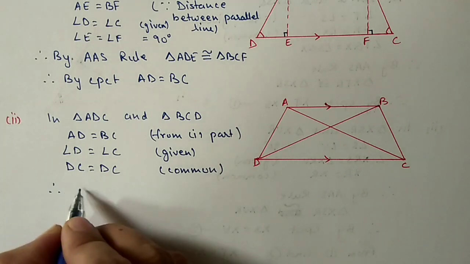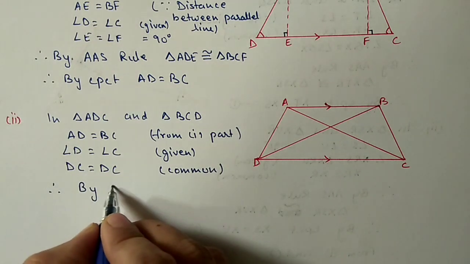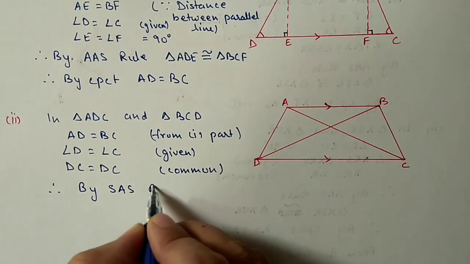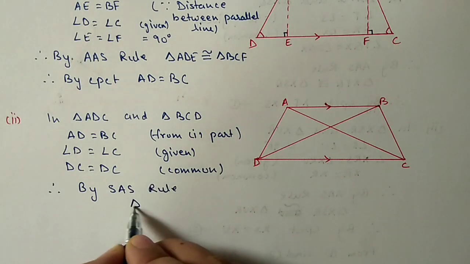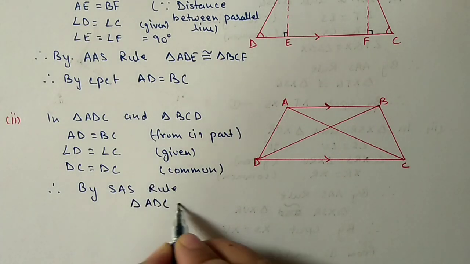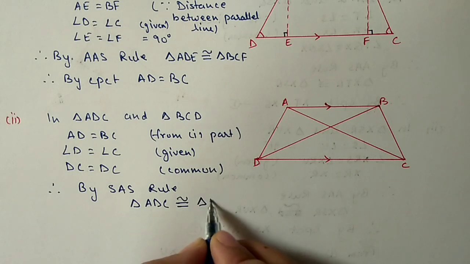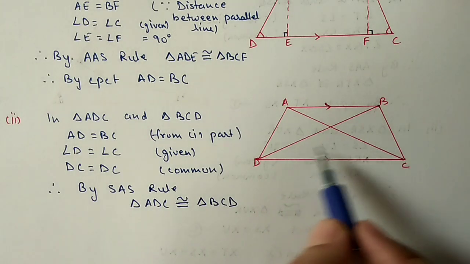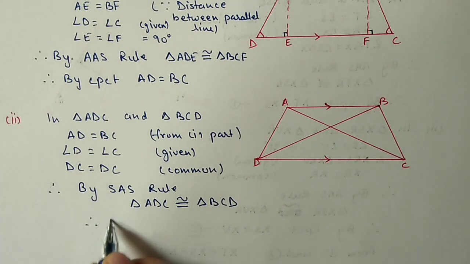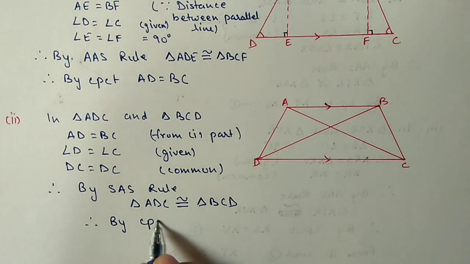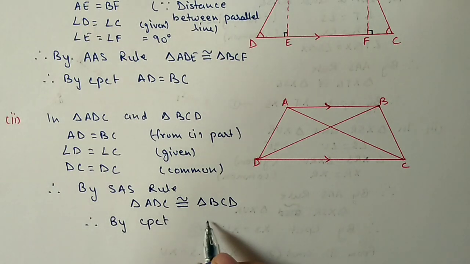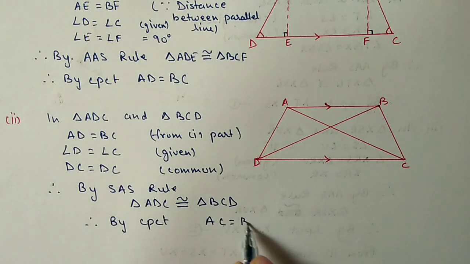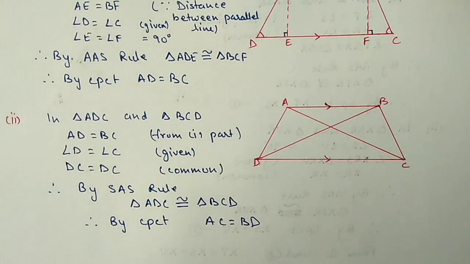So therefore by side angle side rule, triangle ADC is congruent to triangle BCD. Because these two triangles are congruent to each other, therefore by CPCT we can say AC is equal to BD.